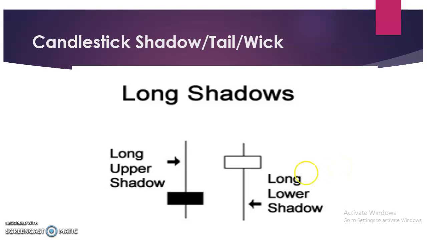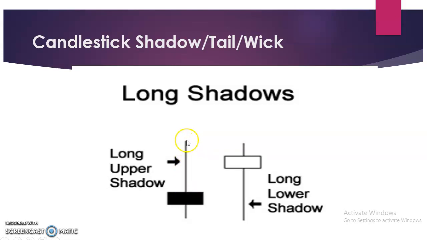So let's quickly look at these two. Candlestick shadow, tail, or wick. Like I told you, you can call it a tail, you can call it a wick, you can call it a shadow. Now, this is your upper shadow. You can call it upper wick or upper shadow.